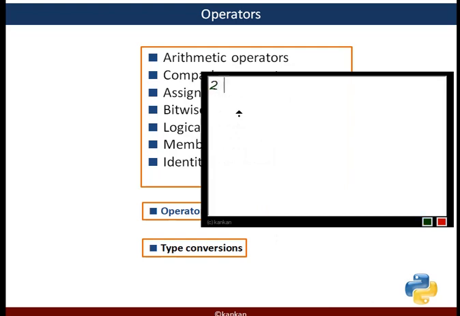Now just tell me what you know about operators. Suppose 2 plus 3. This is an expression. Here 2 and 3 are operands, and 2 and 3 are operated on by the operator plus.